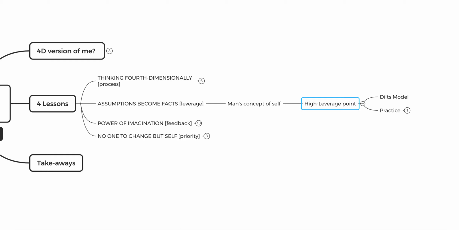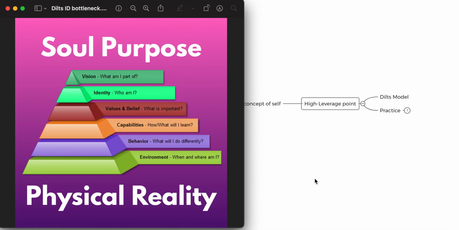And let me show you Robert Dilts' model and show you how it shows up in reality. So this is Robert Dilts' model. As you can see, it starts with the environment, behavior, capabilities, values, identity, which is where we're going to stop, and vision.